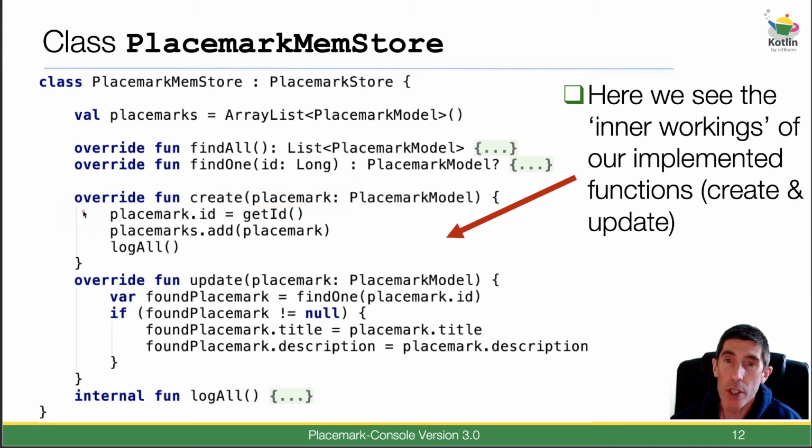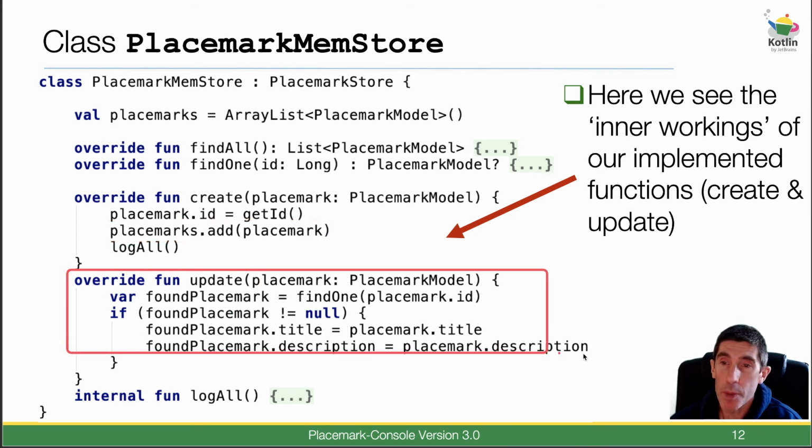Inside it, we say placemark.id is assigned getID, and if you can remember, we have this getID helper function from the previous iteration of our application that just generates an ID. So that's going to update the placemark ID with a unique ID, and then we simply say placemarks.add placemark.